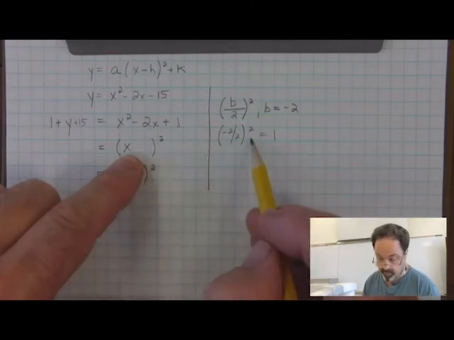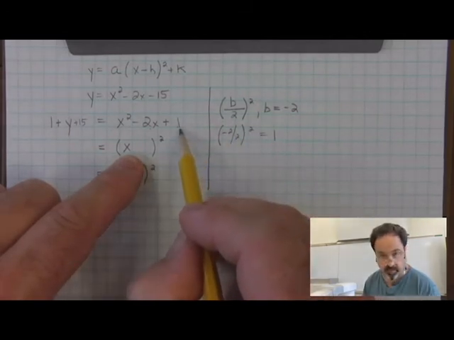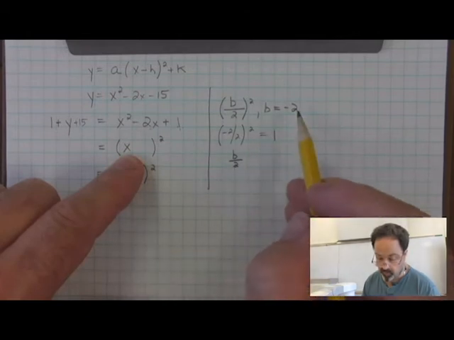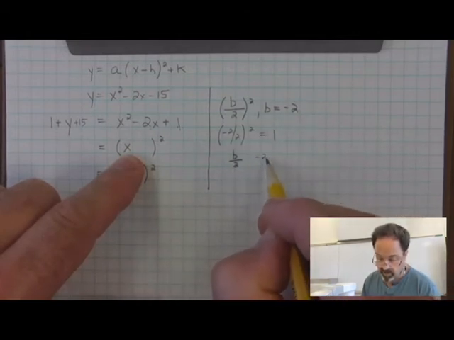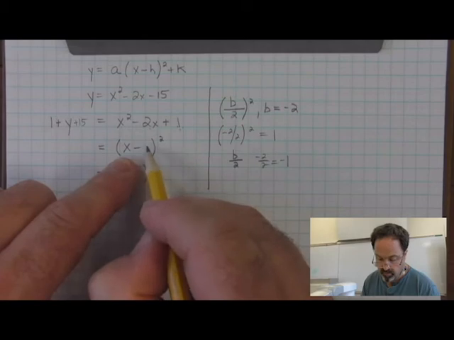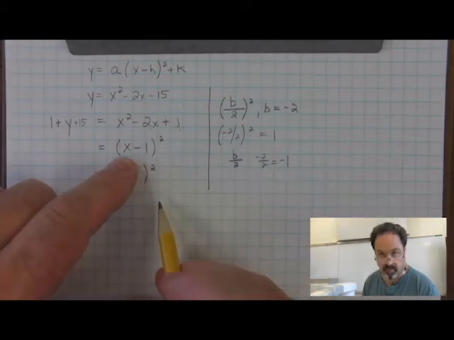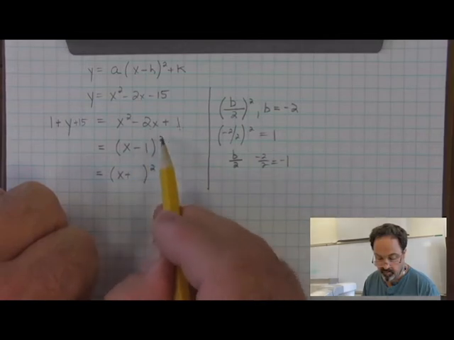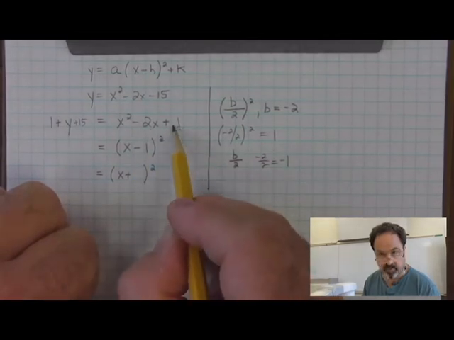It's related to finding what I needed to add here. It is half of b, the original b of negative 2. In this case, half of b is negative 1. If I put a negative 1 inside parentheses, then I have completed the binomial that after squaring will produce this.